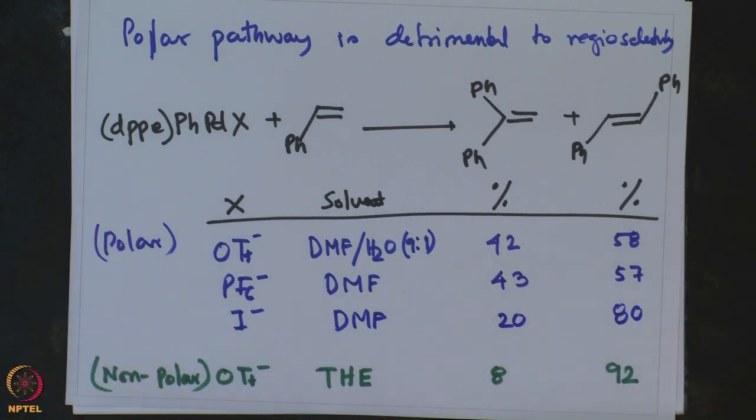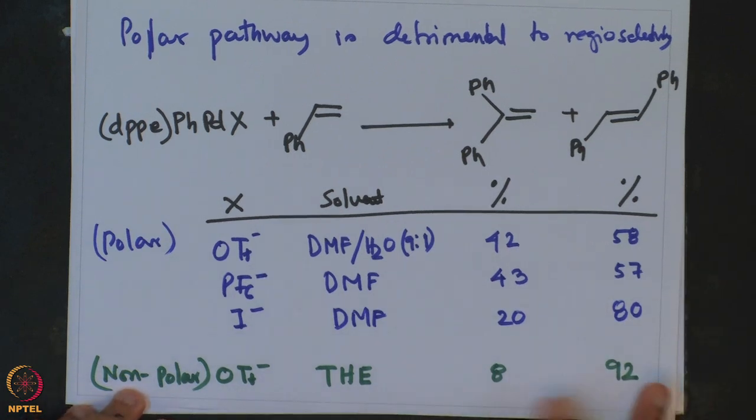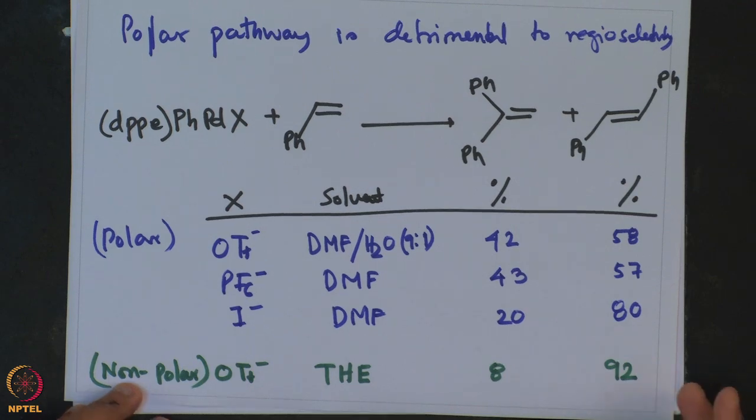So, in terms of selectivity, obviously it is seen that the non-polar medium gives rise to this trans product in higher selectivity, and we had seen how the anions get dissociated in the polar medium as opposed to the non-polar medium.